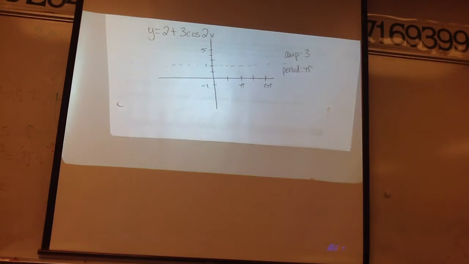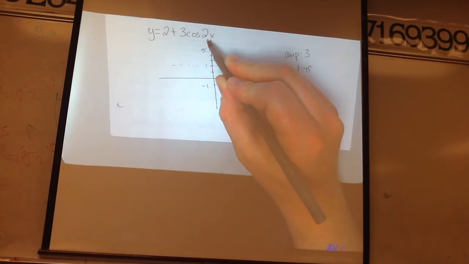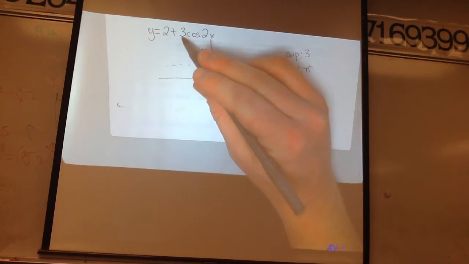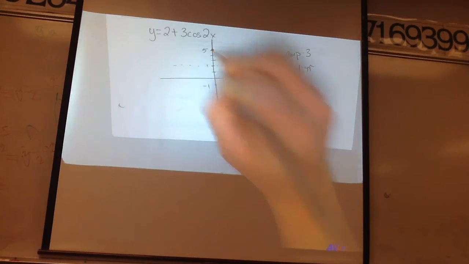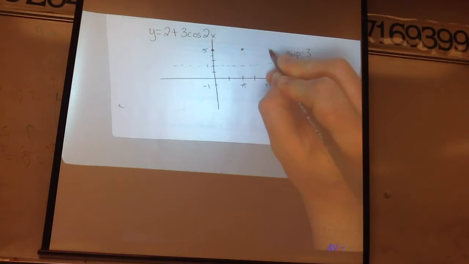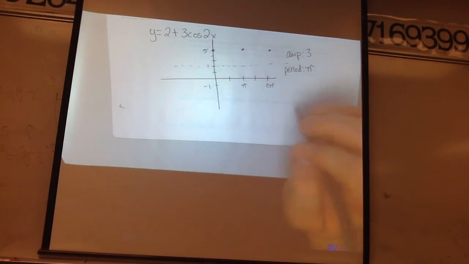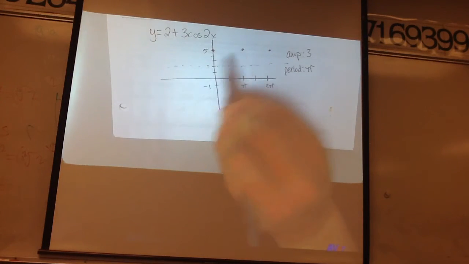Now you just plug some numbers in and repeat it every pi. So we plug in 0, cosine is 1, times 3 is 3, plus 2 is 5. That's going to repeat every pi. The lowest point will be halfway in between these.